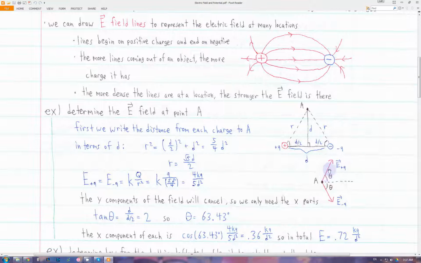So now the X component of each of these E field vectors will be the cosine of this angle times the magnitude, which we found earlier. So we solve for that, and then they both contribute the same X component. So if we double this, then we'll get the total E field at point A, and it points straight to the right.